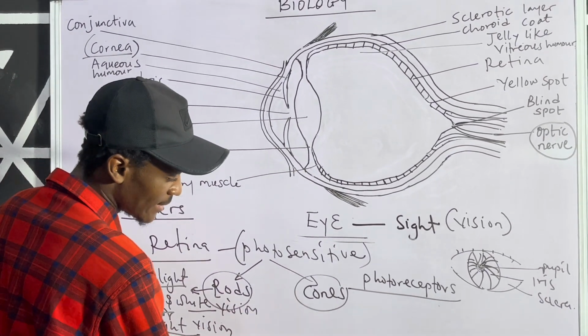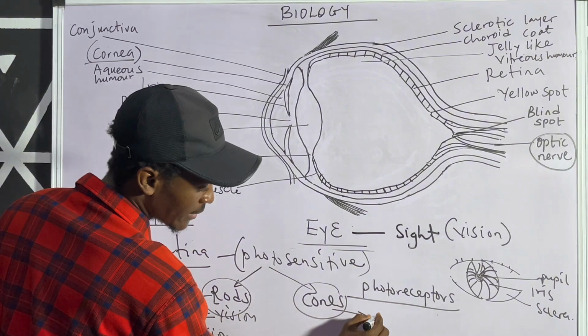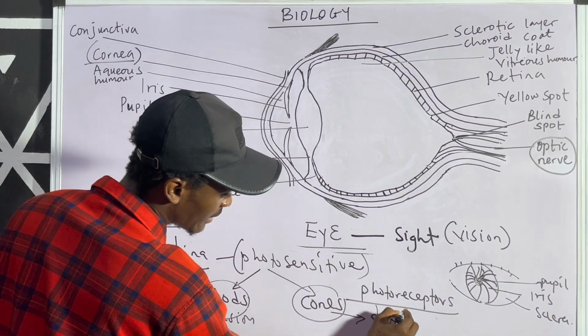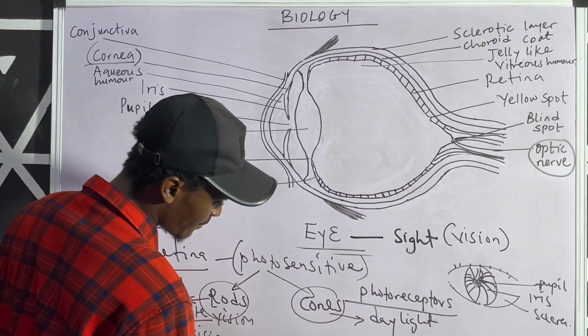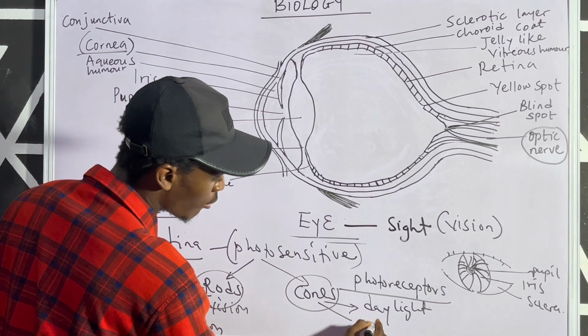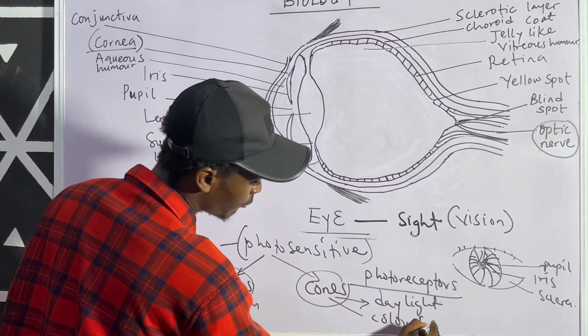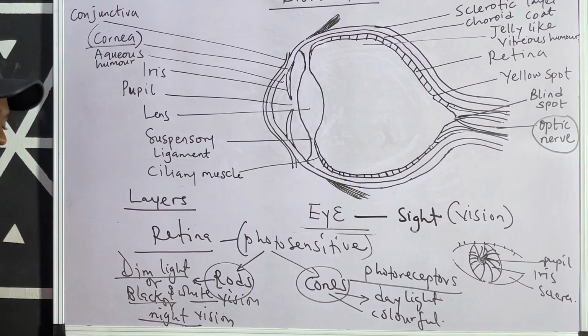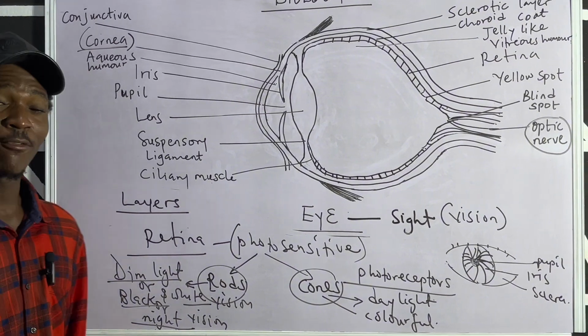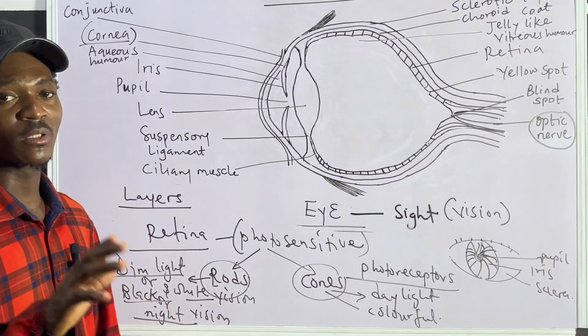Then while this one, the cones, they are sensitive to daylight or vision of the day, or you can say colorful vision. All right, so that's for the cones. The rods, they are for night. The cones, they are for day.